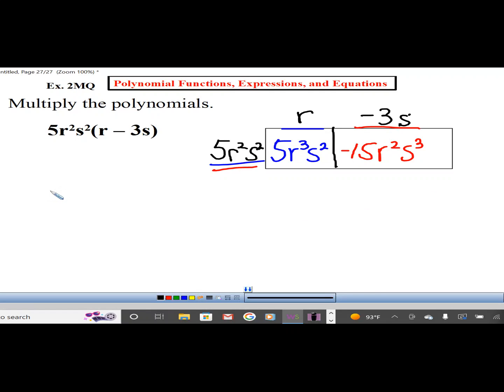Let's do 4a squared b times 2a minus 5ab. You can use distributed property or area model. It's up to you. We'll call this one example 2 Shazam Q.